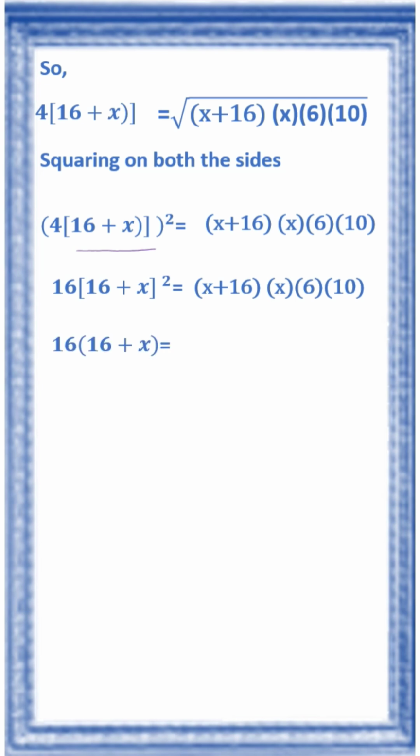Here you can cancel this and this. So 16 into 16 plus x is equal to x into 6 into 10.